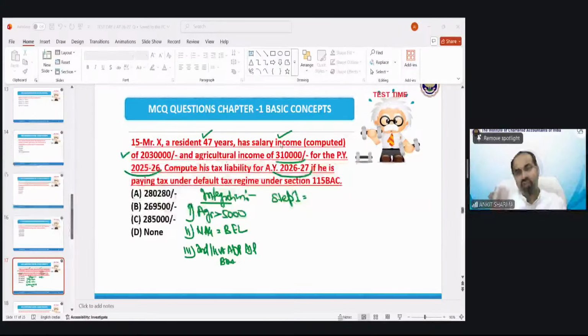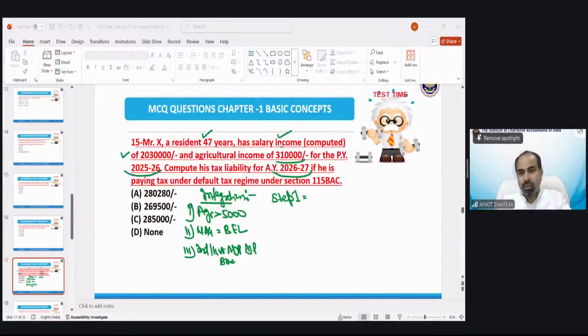So that clarification has already been mentioned in the notes. You can read it out. After the rates of tax of basic optional tax regime, there is a note in the box which has been explained with the help of an example also. Arju, you can go through it.